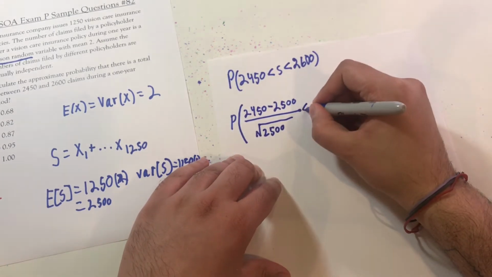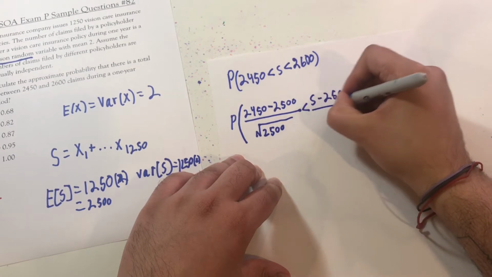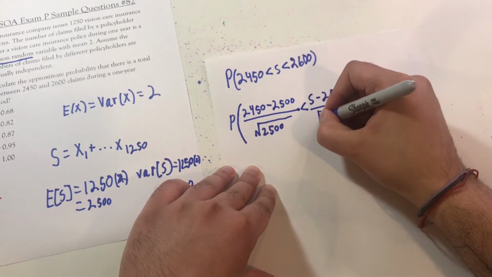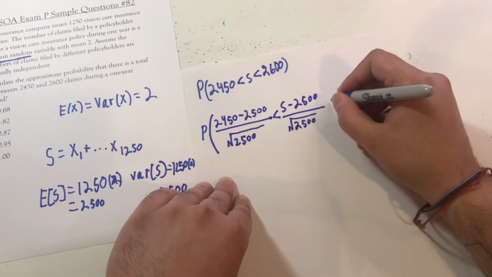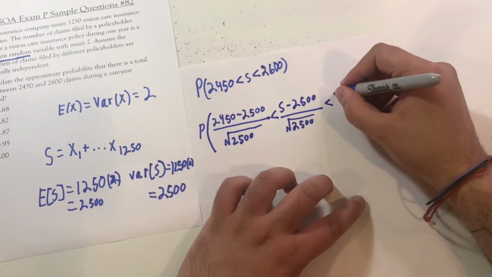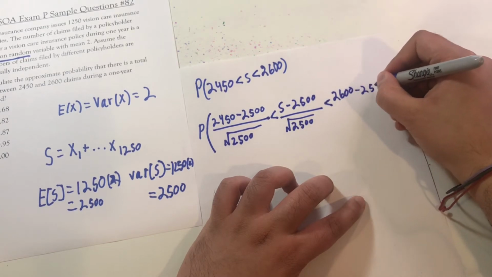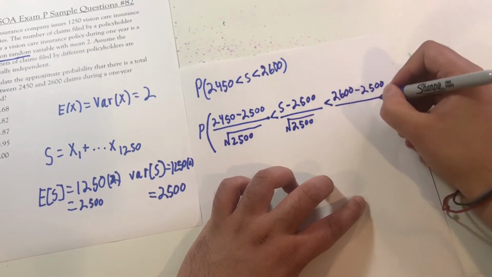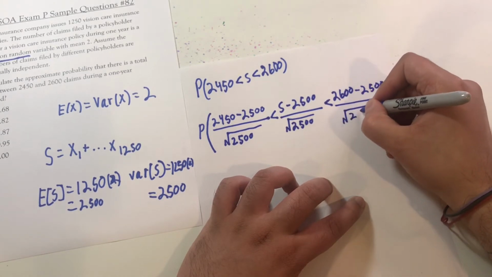And that's going to be less than or equal to S minus 2,500 over square root of 2,500, which must be less than 2,600 minus 2,500 over the square root of 2,500.